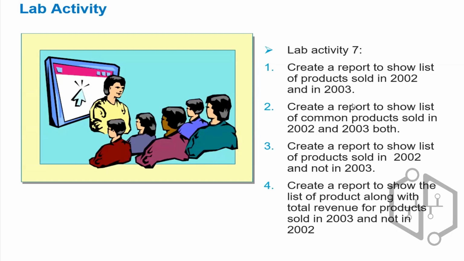The second one is create a report to show list of common products sold in 2002 and 2003. Both common products, they are saying. That means we have to use intersection, with product name and year.